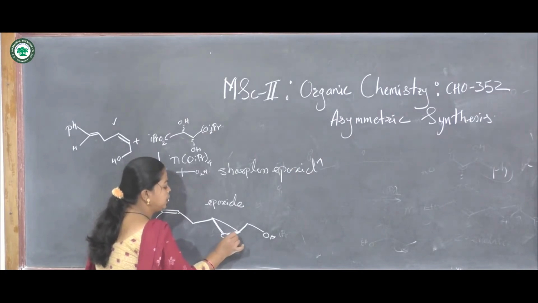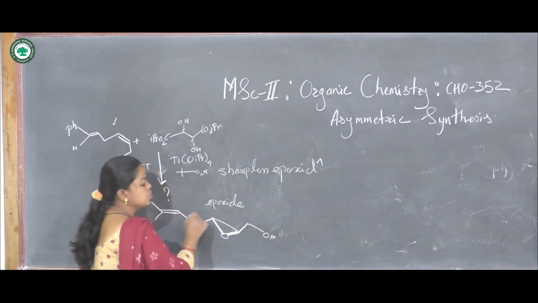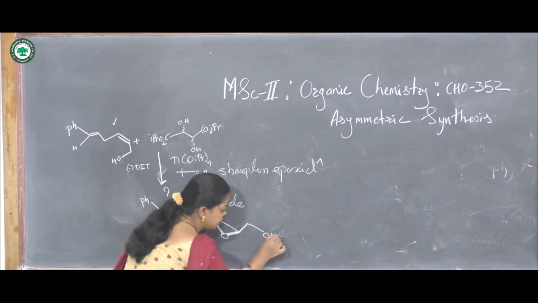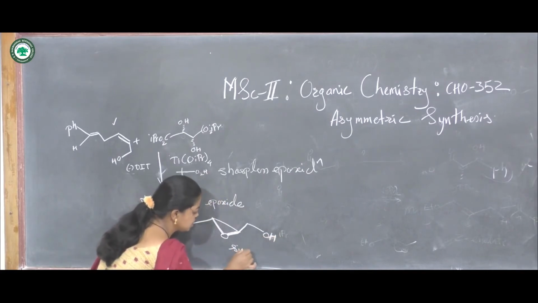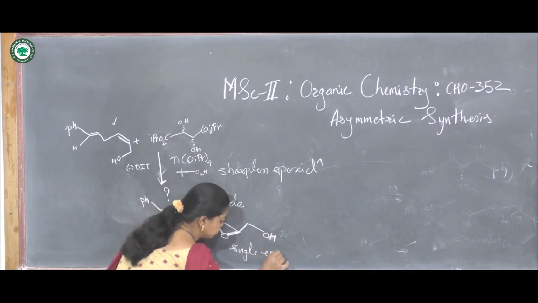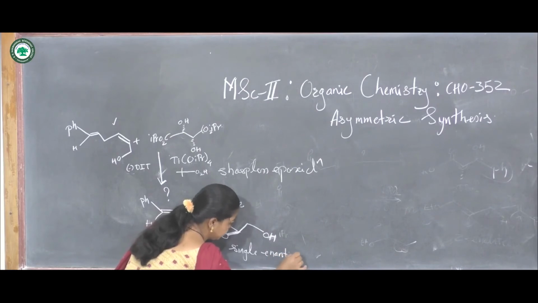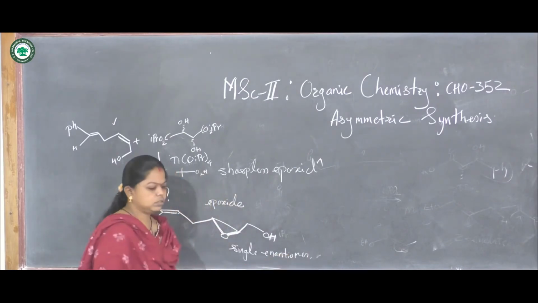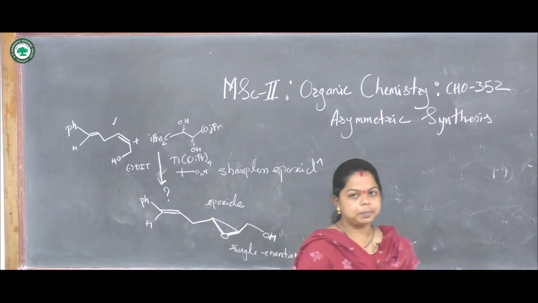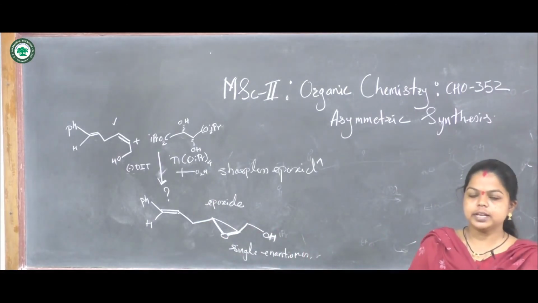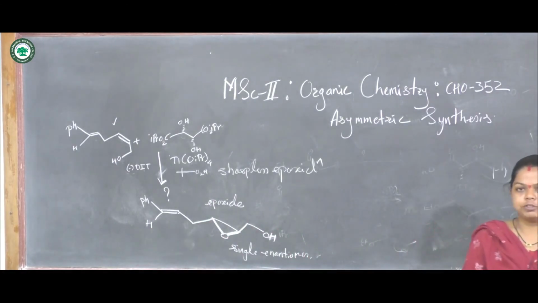Here we are getting the beta-oriented epoxide. So this is a highly asymmetric reaction and we get a single enantiomer. So this is an example of the Sharpless epoxidation. That's all for today. Thanks for watching this video.